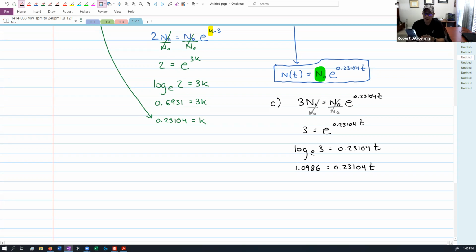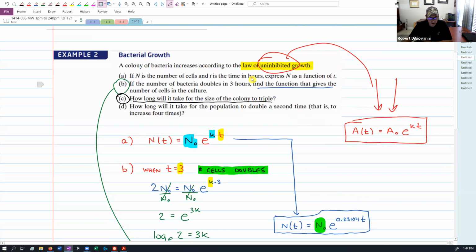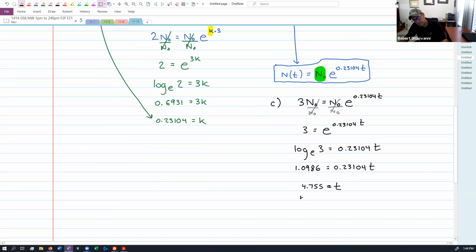I'll divide both sides by 0.23104. And I'm getting 4.755 is approximately t. And t here was measured, if I recall, in hours. So this is going to be hours.